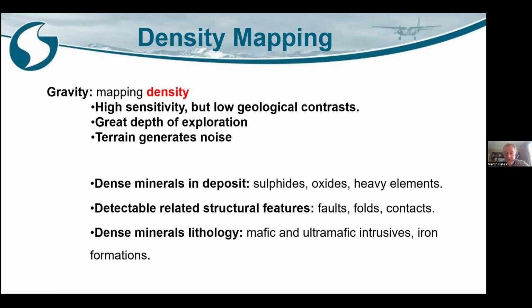Here we're looking at, as I say, changes in density. You can see bulk changes or changes across faults or fold structures, discontinuities in the subsurface, looking for particularly dense or less dense lithologies, and also elements in deposits quite frequently are quite dense.